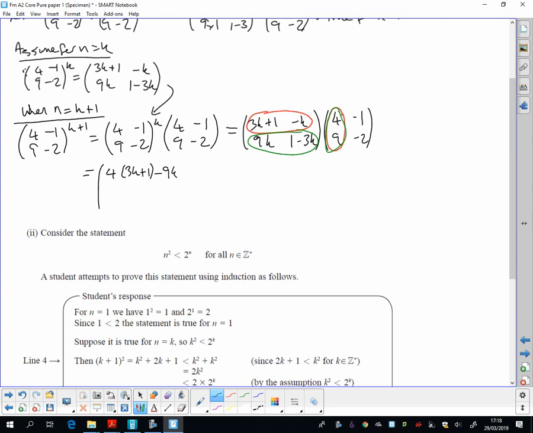So this one is second row, first column, so it's going to be 4 times 9k minus 9 times 1 minus 3k. First row, second column. And second row, second column.